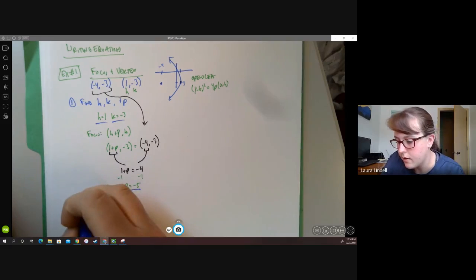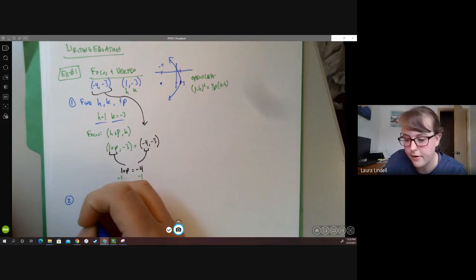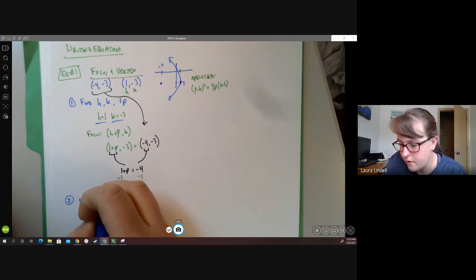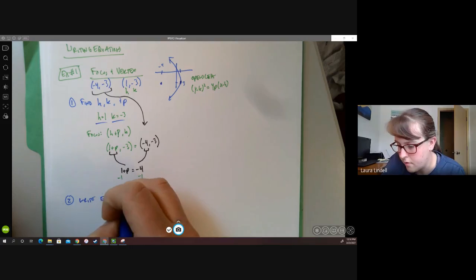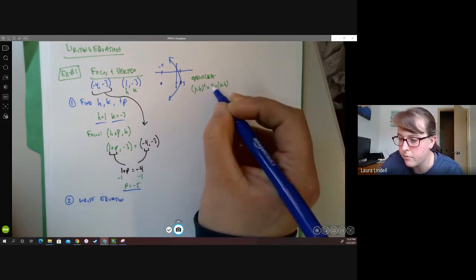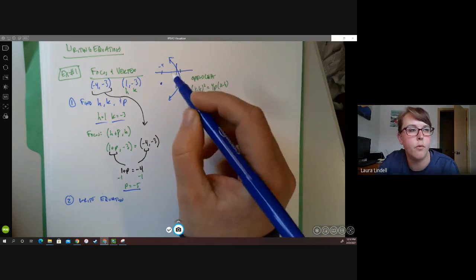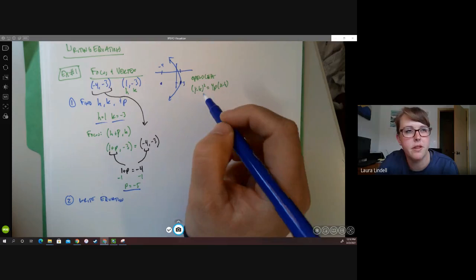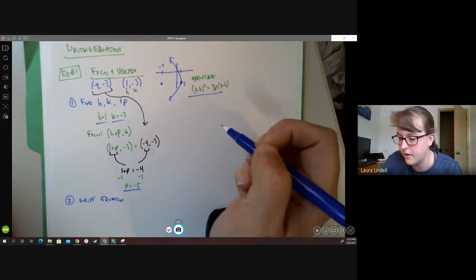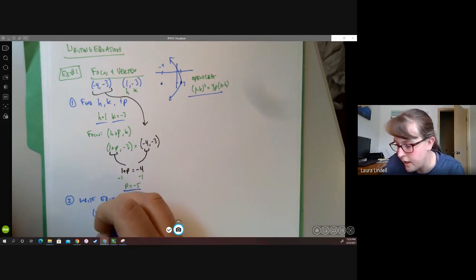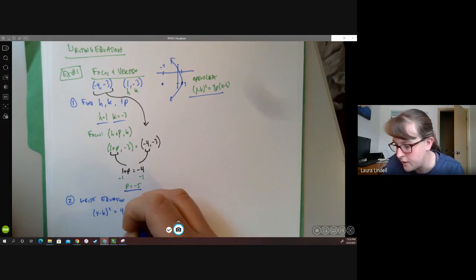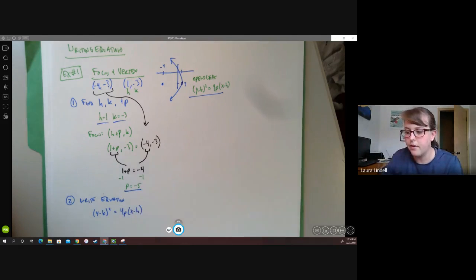Now we have to write our equation. And we know from looking at what it might graph to that it's going to open to the left, and we're going to use this equation: (y - k)^2 = 4p(x - h). So now we're just plugging in our values for h, k, and p.